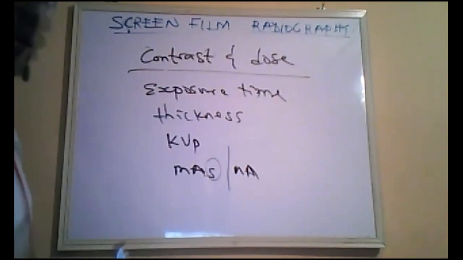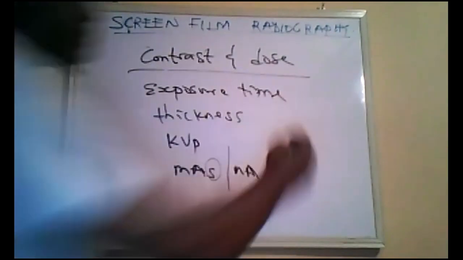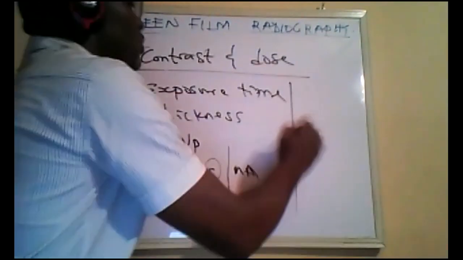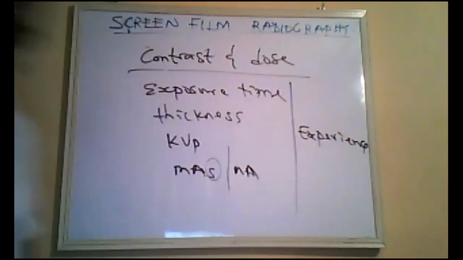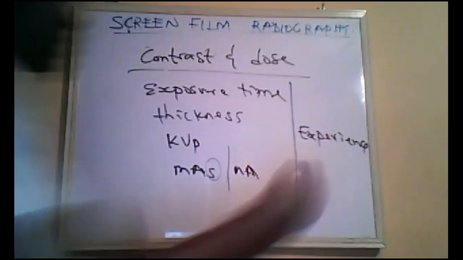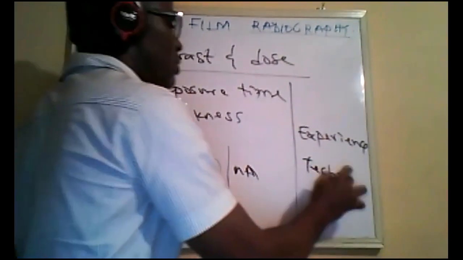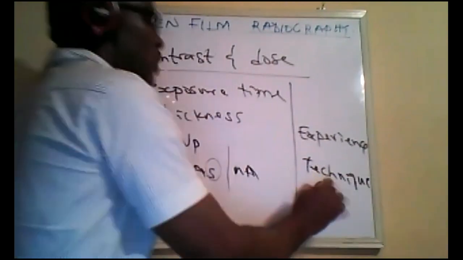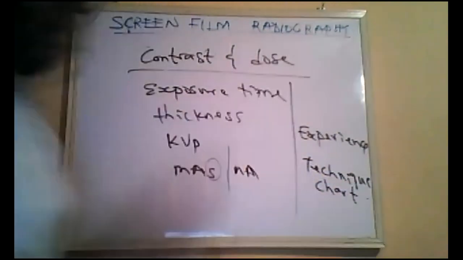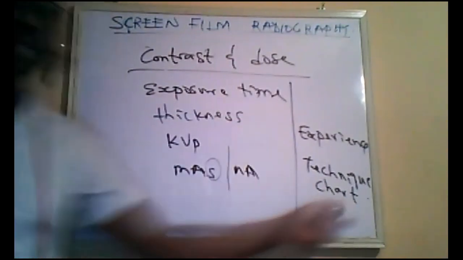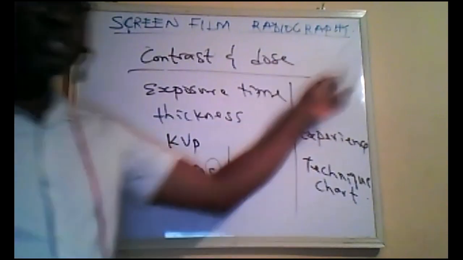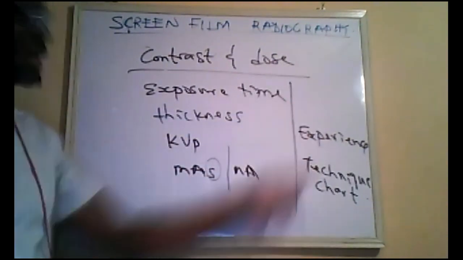And of course, the experience of the technologist is also key for having a very good contrast and a very good dose distribution. We have something called a technique chart, which is a chart that tells us that for a patient of this mass, you're going to use these exposure parameters: kVp of 70, mAs of this and that.